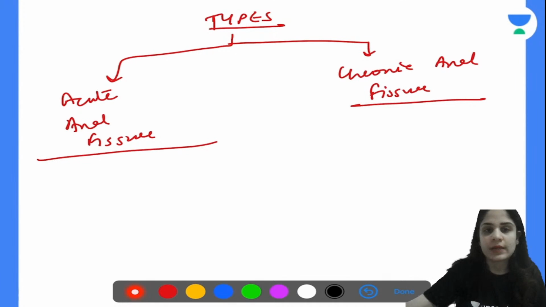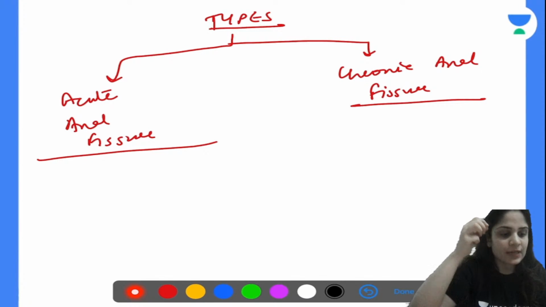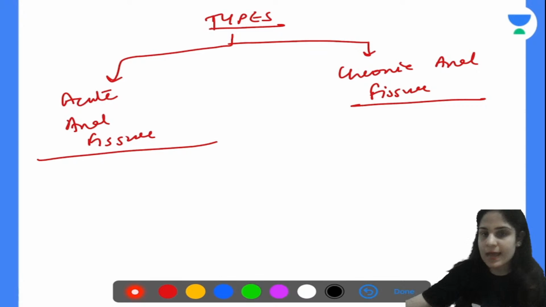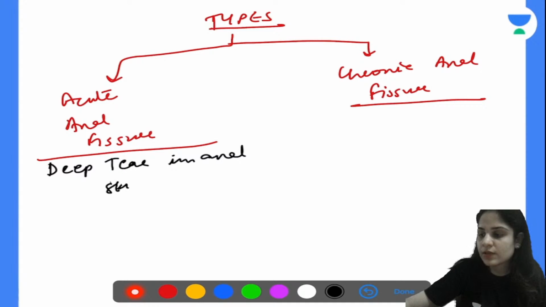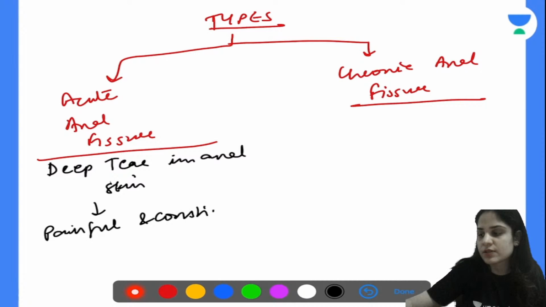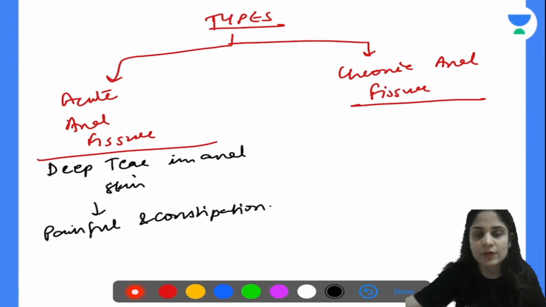Alright. So, in acute anal fissure, what is the problem? It is obviously a very fresh ulcer that is formed, and it is a deep tear in the anal skin. Now this is acute, it is extremely painful and it can lead to severe constipation in the patient. On the other hand, when you have a chronic anal fissure, the patient has had it for a long time.